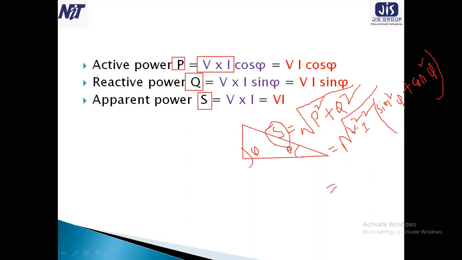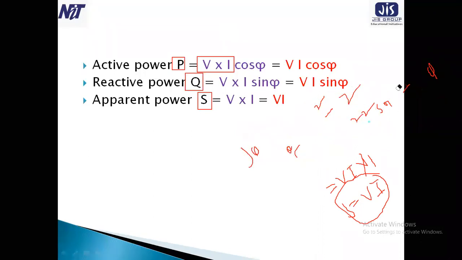If we take it from the root, then the square and root will vanish, so only VI will be there, because sin square phi plus cos square phi equals 1. So the value of this power is equal to VI. In this way we can prove, using active power and reactive power, that the apparent power is nothing but the multiplication of voltage and current.